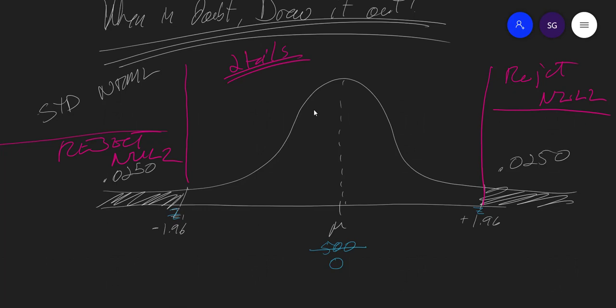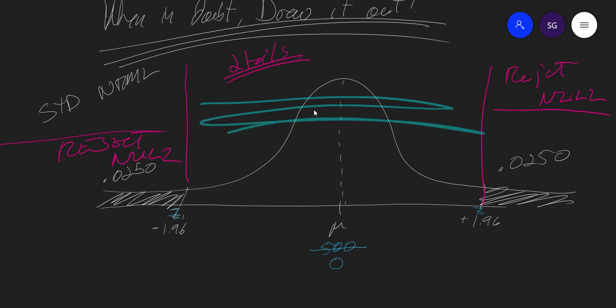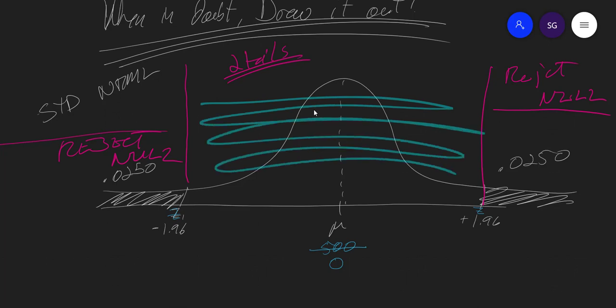But there is this range here in the middle that says, as long as my average x bar is equal to 540 is in here somewhere, I am within the confidence intervals.